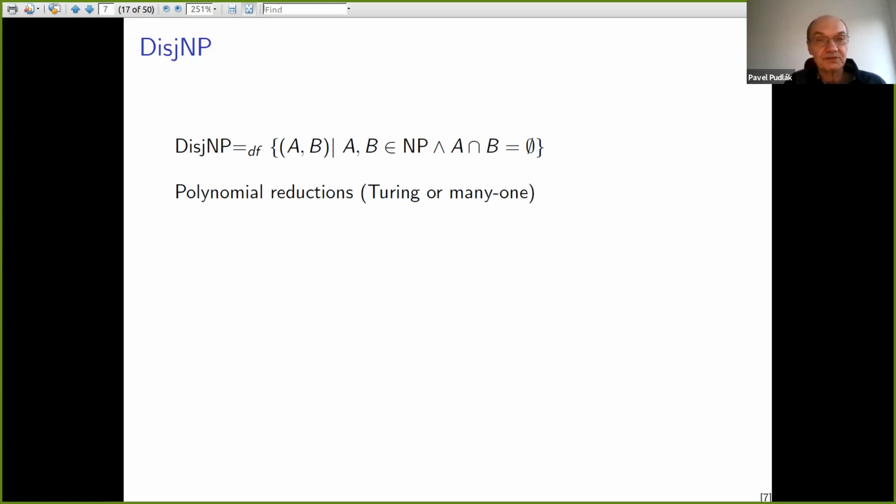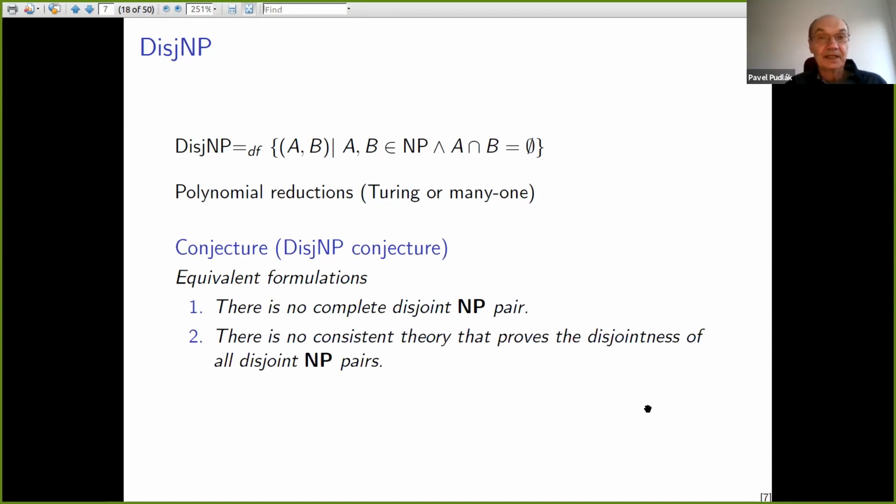Again, we can define polynomial reductions between two elements of this class. This is quite natural. We can use either Turing reductions or many-one, which means that if we have two pairs, then the first set should be mapped into the first set of the other, and the second should be mapped into the other. So this is something that you can easily imagine. And now the condition that these two sets are disjoint is a semantic condition.